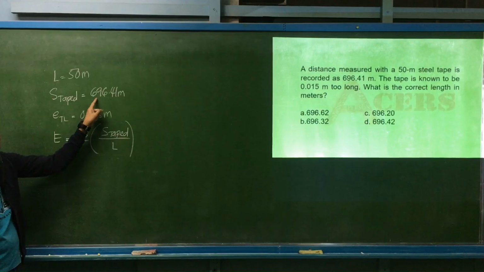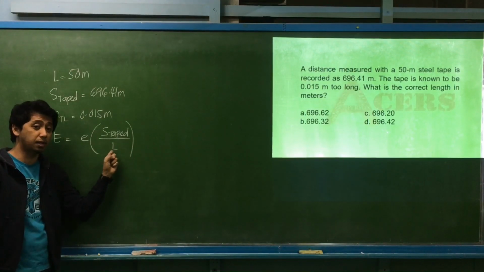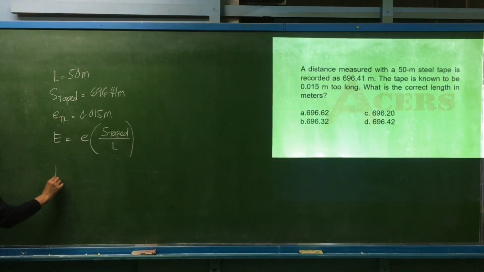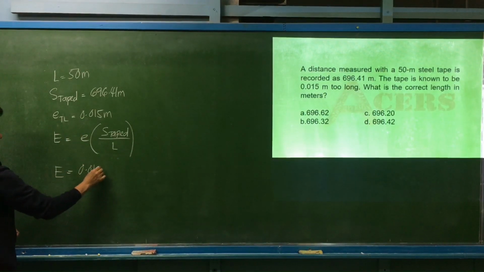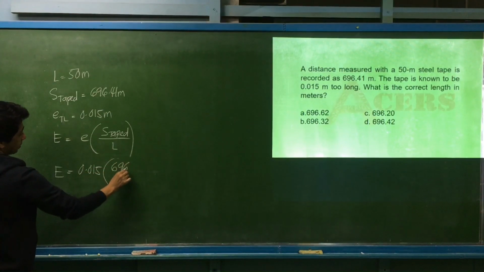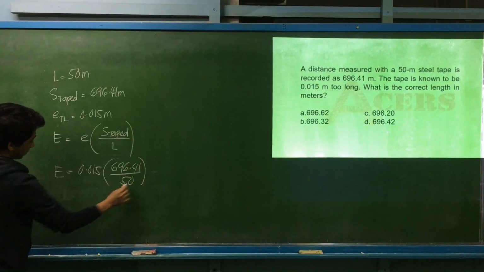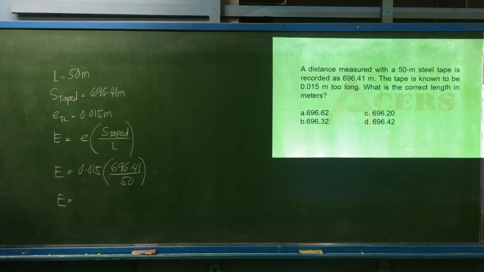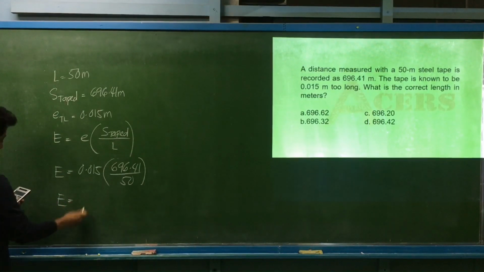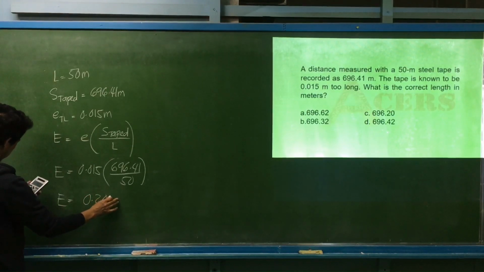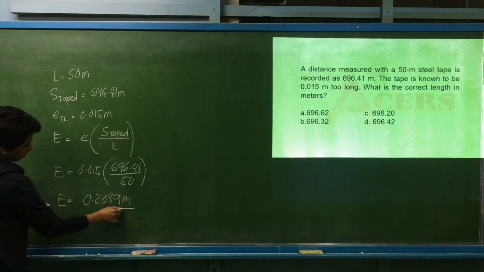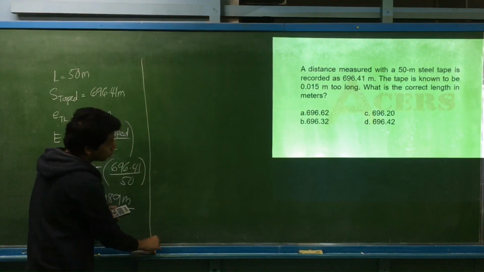We have 0.015 times 696.41, divided by 50. So the total error is equal to 0.2089 meters.